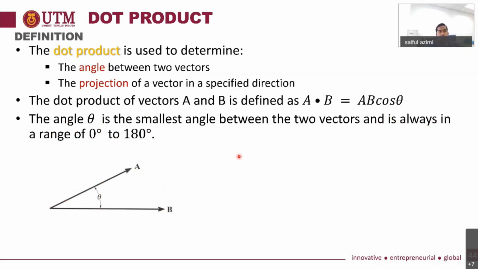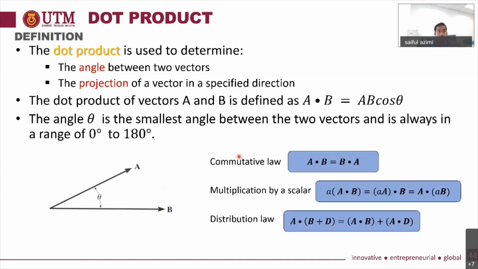All right. In the dot product, we have some simple laws. First, the commutative law: A dot B equals B dot A. It doesn't matter, they are equal. Next is multiplication by a scalar.